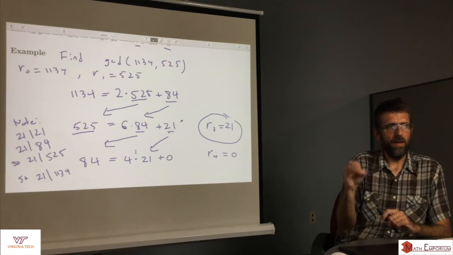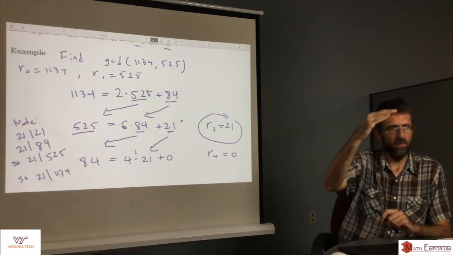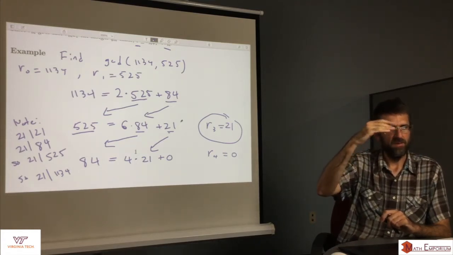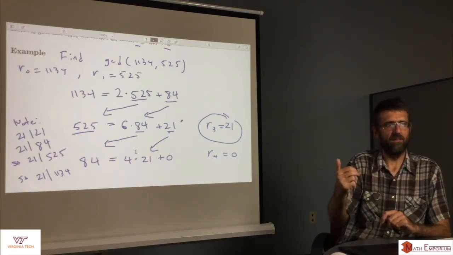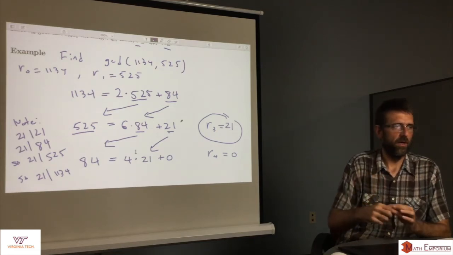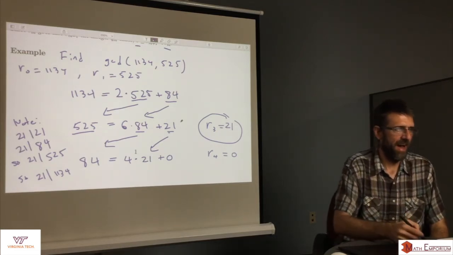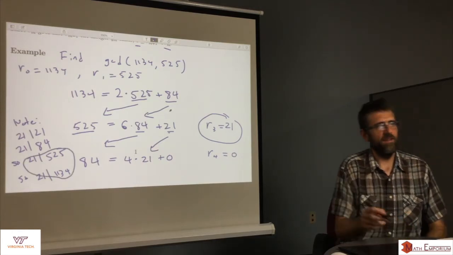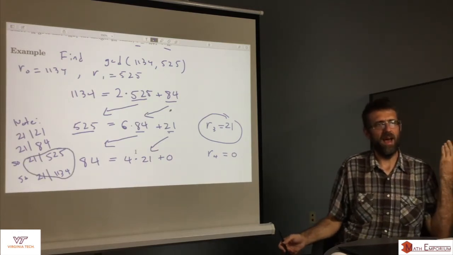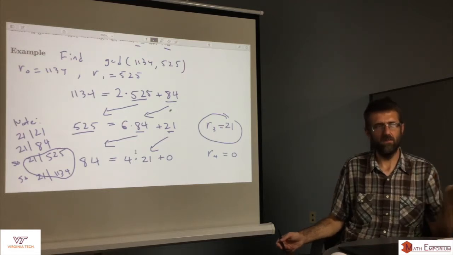So whatever that last remainder is, just by working backward through that system of equations, we'll see that it will divide every single remainder that we found in the process, including the original two inputs. So therefore, 21 is a divisor of both of those inputs. Again, this is a small example, but it doesn't matter how many intermediate equations we have.